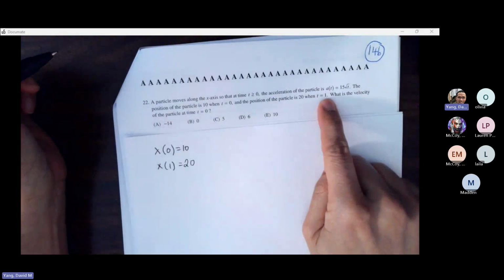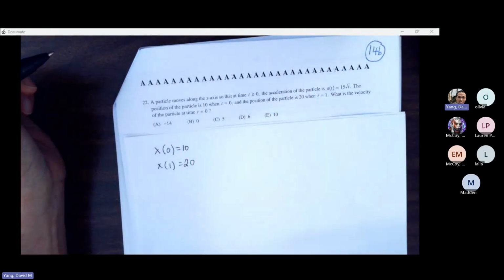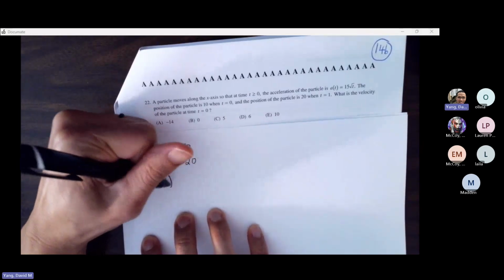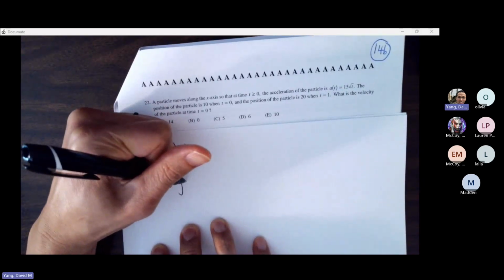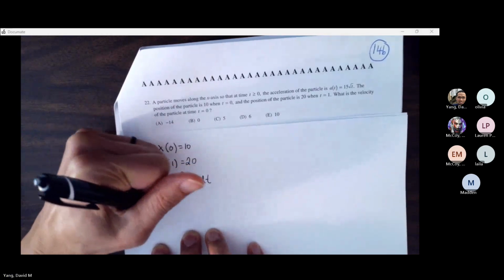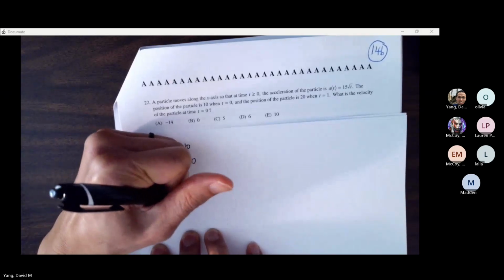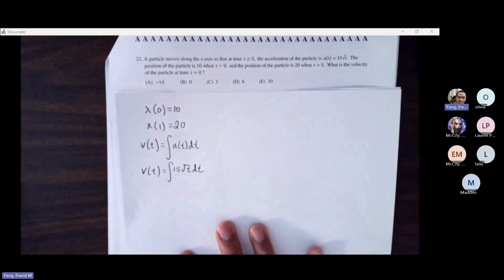Okay, so let's work with the acceleration function and make our way up to velocity and position, and we can see how that can help us. So we know to get to velocity, we need to take the integral of our acceleration function. So I'm just going to get this ready for power rule.